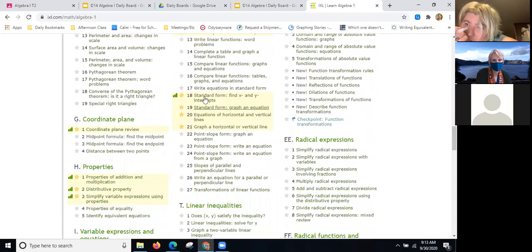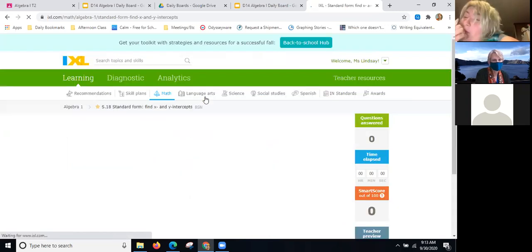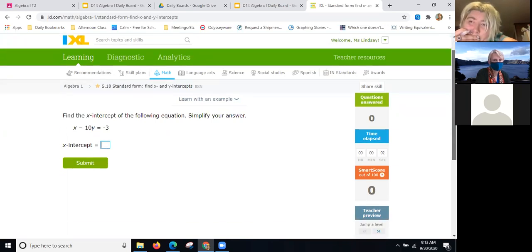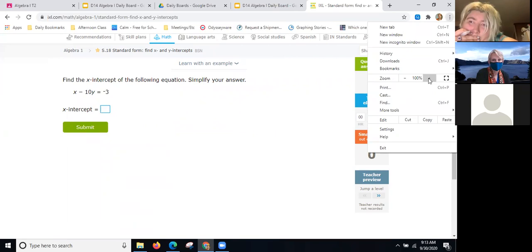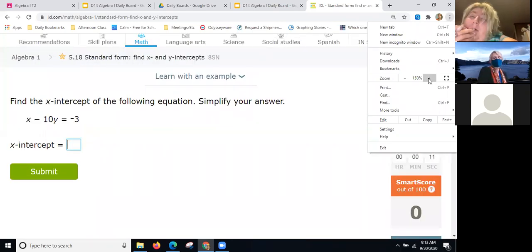So right here, standard form, find x and y intercepts. So this is S18. And remember, if it says x-intercept, we are just ignoring the y number. So we are basically ignoring this.